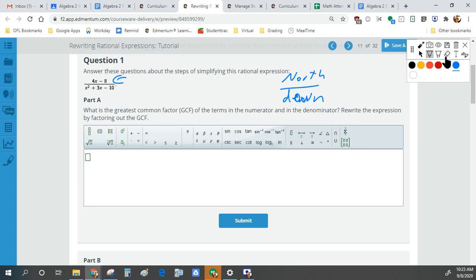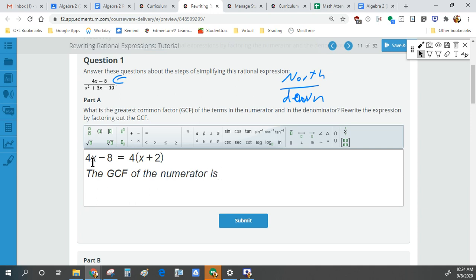If I have 4x minus 8, I'm going to say that is equal to 4 times x minus 2. I'm going to say the GCF of the numerator is 4.